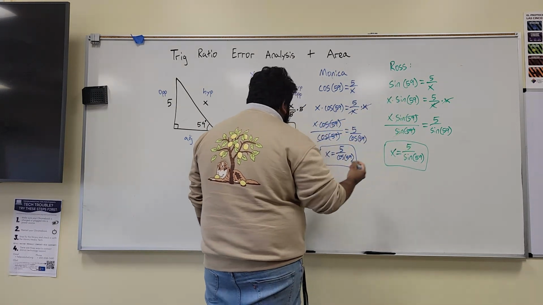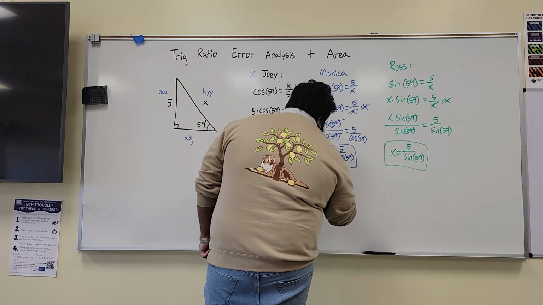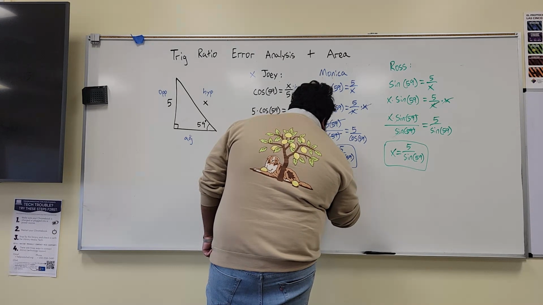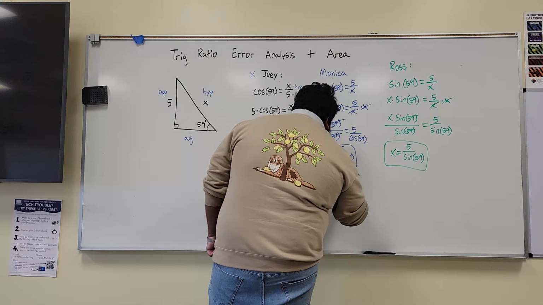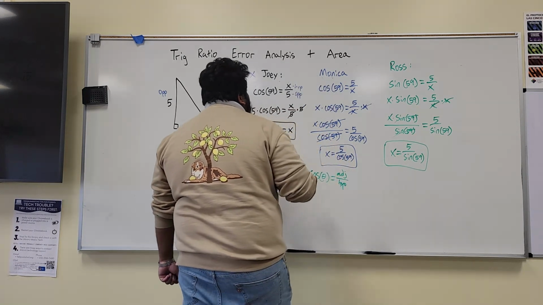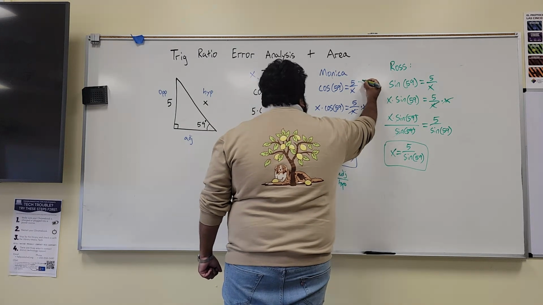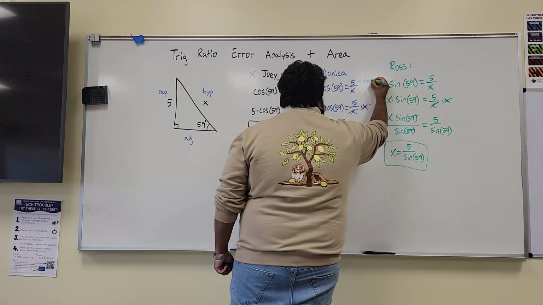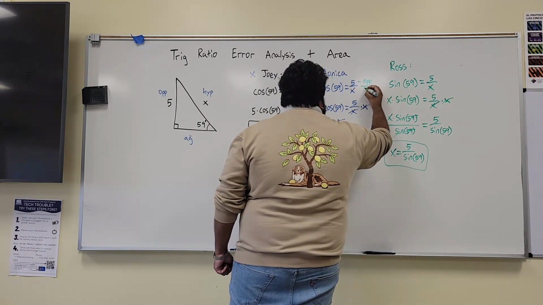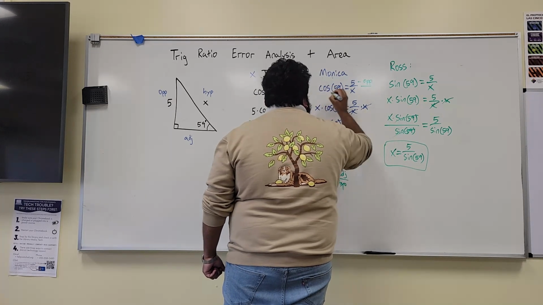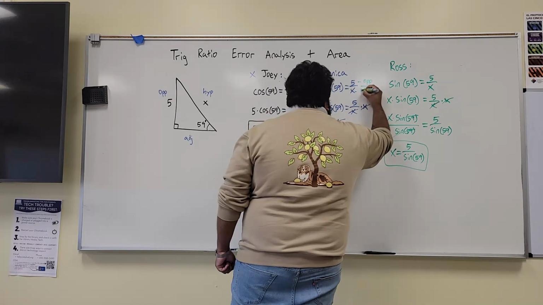As we know, cosine of some angle is going to be equal to the adjacent side over the hypotenuse. But Monica has 5, which is the opposite side, over the hypotenuse.